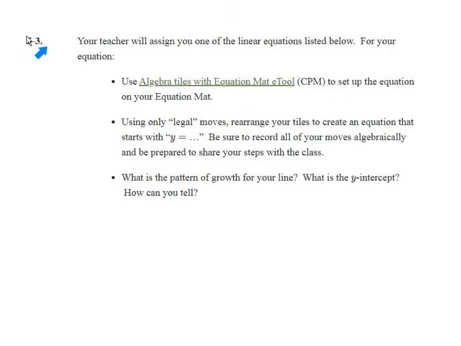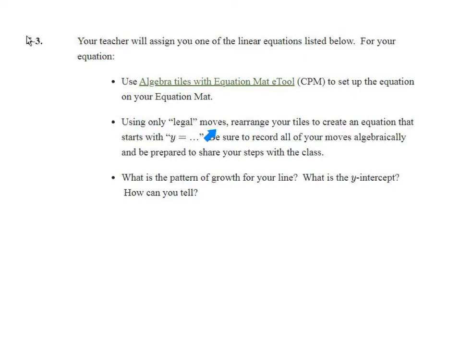All right, let's move into problem 5-3. It says your teacher will assign you to one of the linear equations listed below. We're actually going to do letters A through D together. For your equation, you're going to use the algebra tiles with the equation mat e-tool to set up the equation on your equation mat. So you'll want to log into your ebook, click on e-tools, open up an equation mat, and open the algebra tiles.